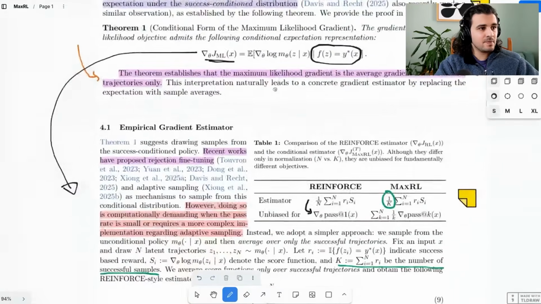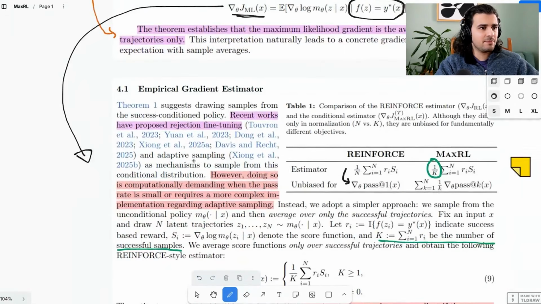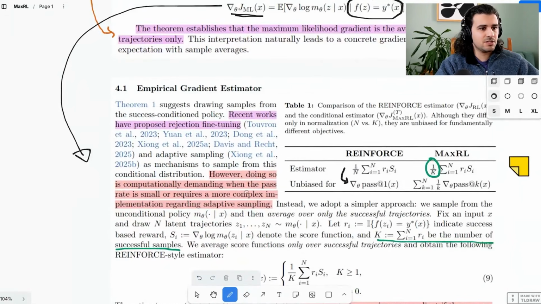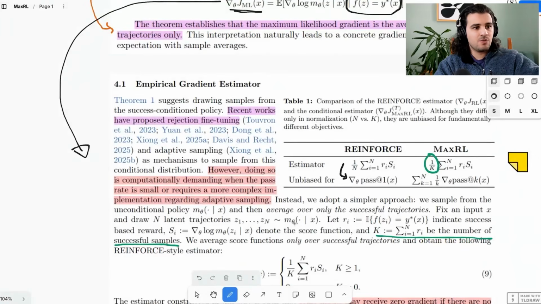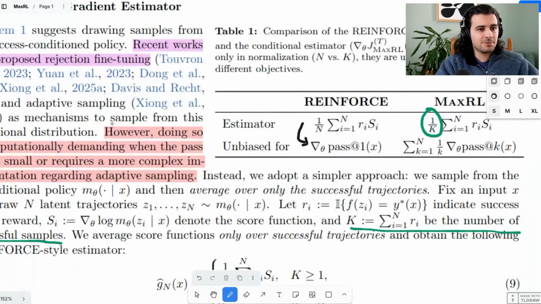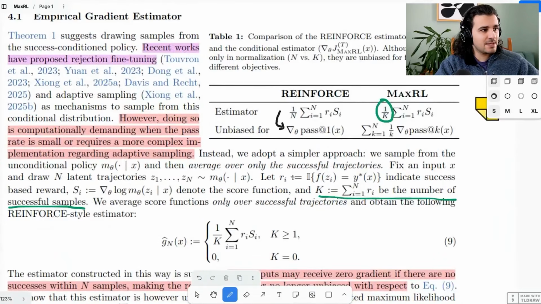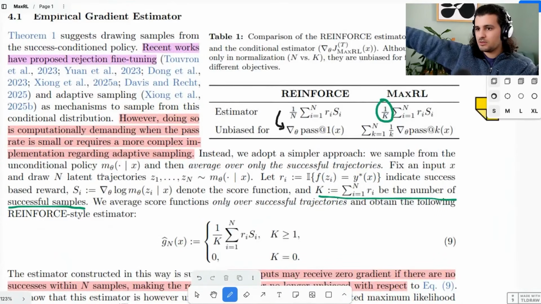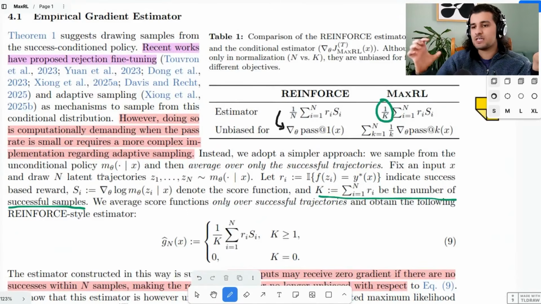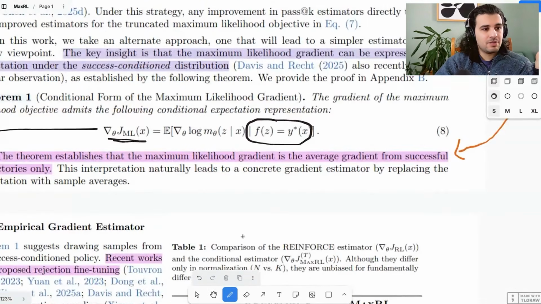There are different ways you can do this, like rejection sampling or rejection fine-tuning. What they decided to do instead was to sample from the unconditional policy, the normal model, and then average over only the successful trajectories. You only average over those, so that you get your expectation properly.